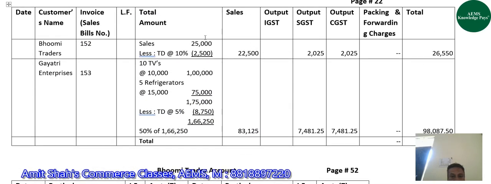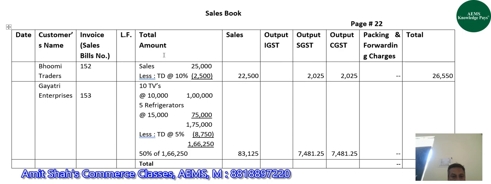So now we will do the total of the sales book at the end of the month because there are no other sales transactions. So total of sales is 1,05,625. Total of output SGST is 9,506.25 and the same is the total of CGST.